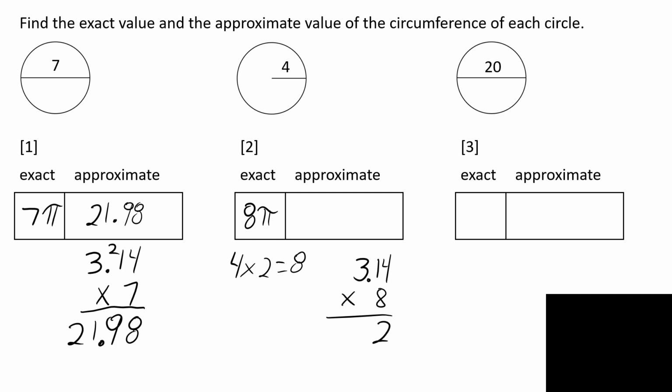Put down the 2. Carry the 3. 8 times 1 is 8. Plus 3 is 11. Put down the 1. Carry the 1. 8 times 3 is 24. Plus 1 is 25.